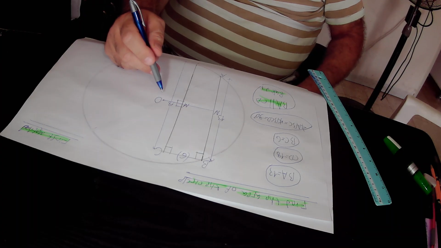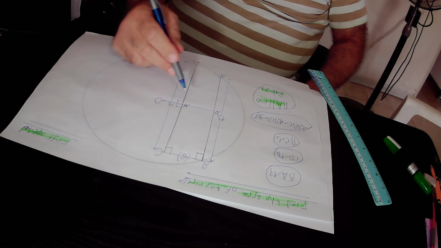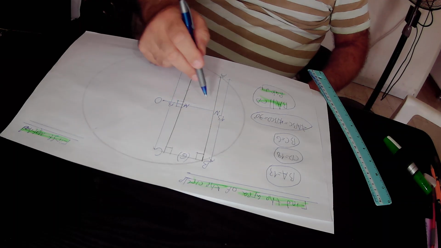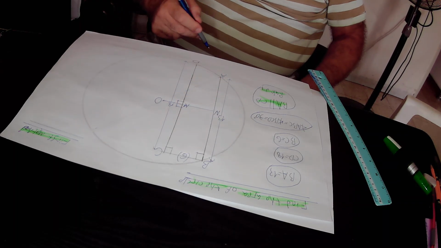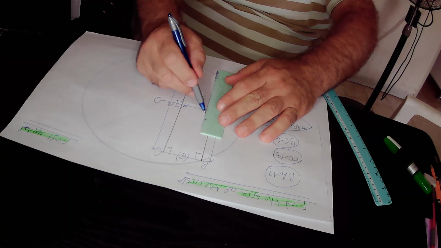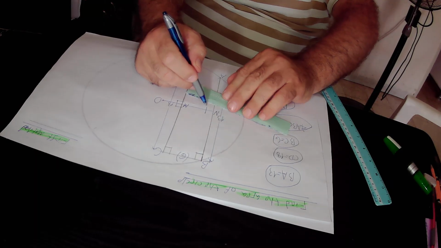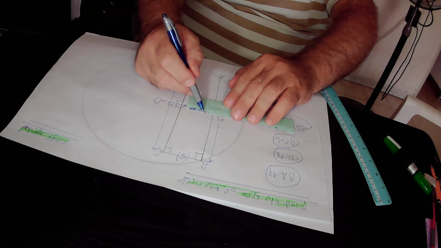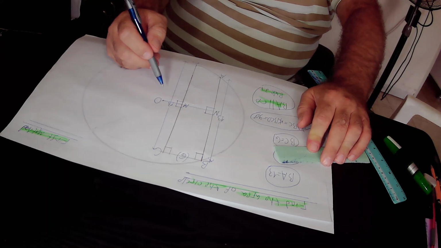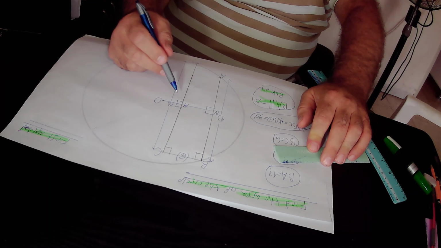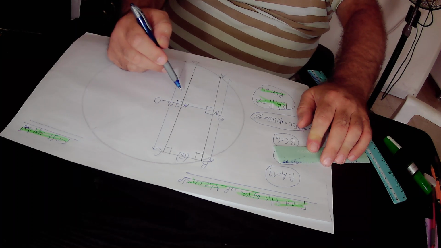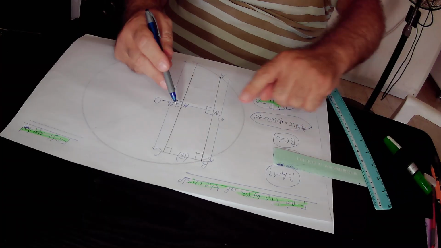So actually, this angle also equals 90 degrees, and this angle equals 90 degrees according to the rule that I mentioned, that the perpendicular to CD must be also perpendicular to chord BA because they are parallel to each other.